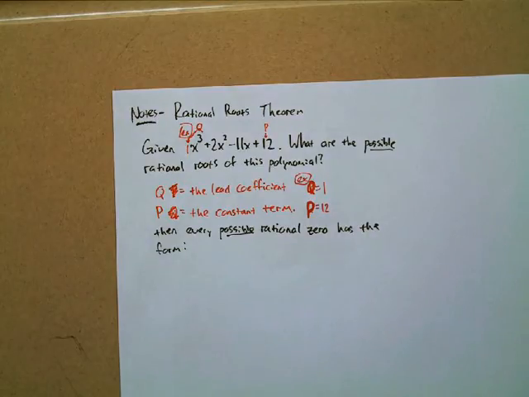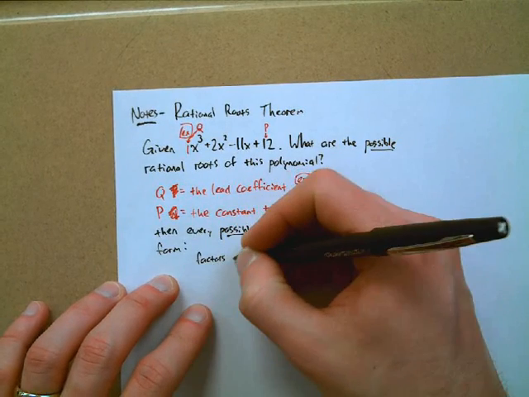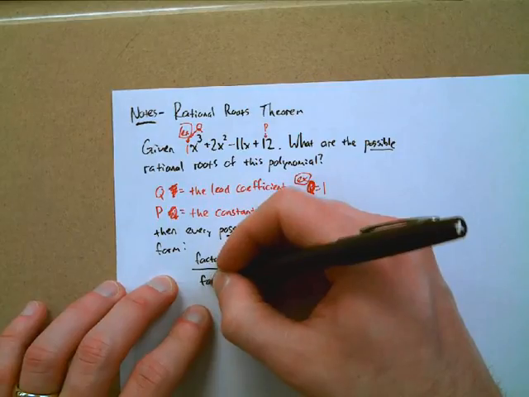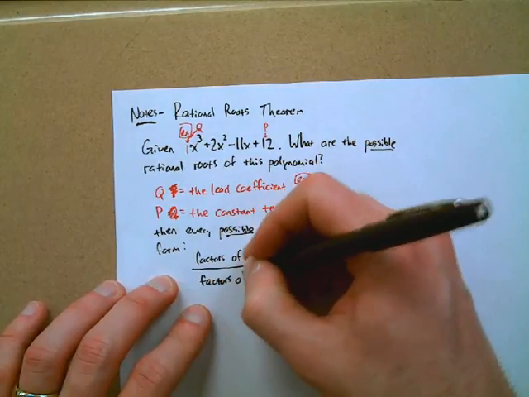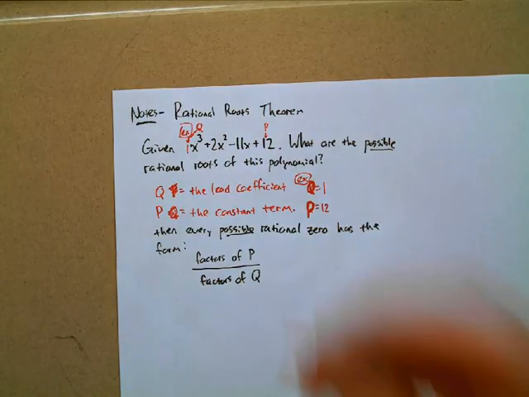It's factors of P over factors of Q. Okay, so in other words, what are some factors of our number P here?